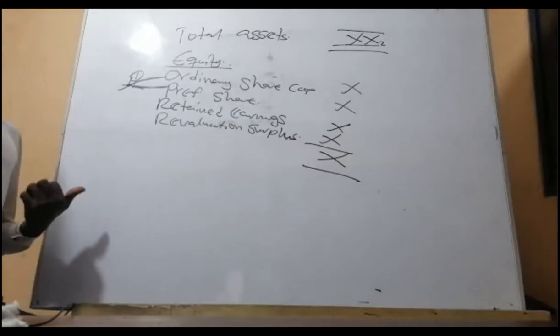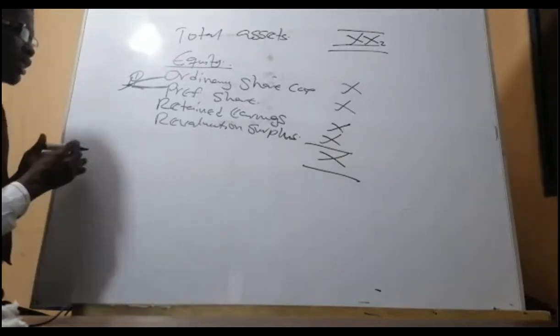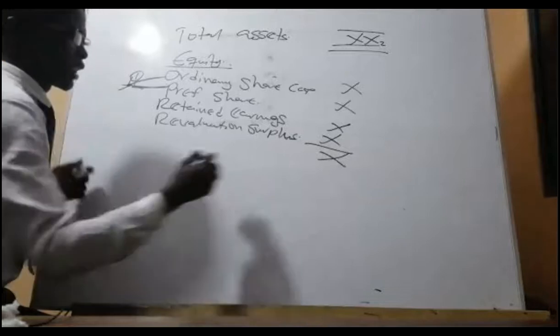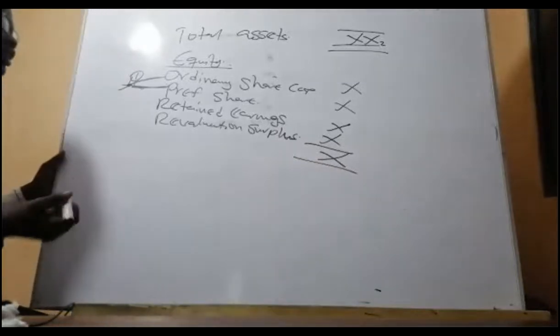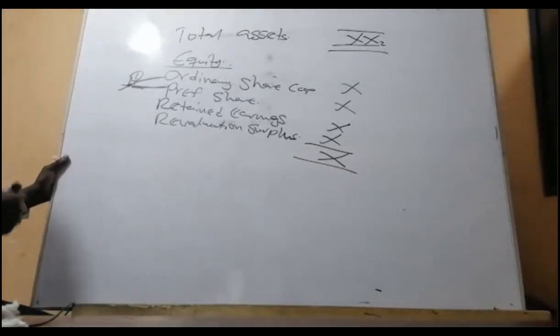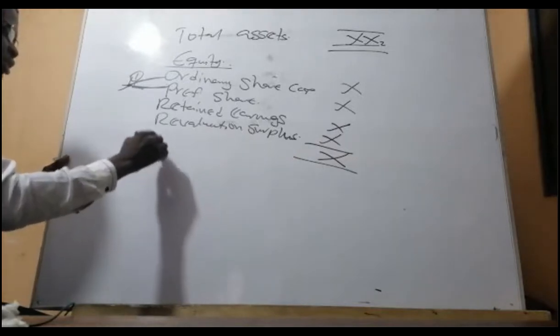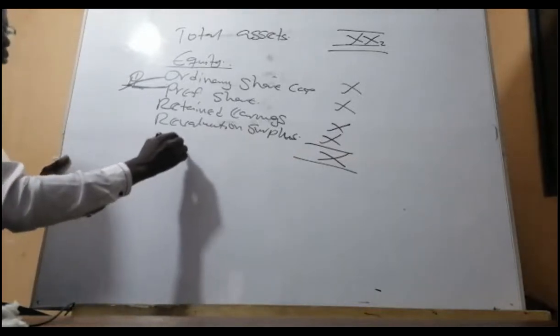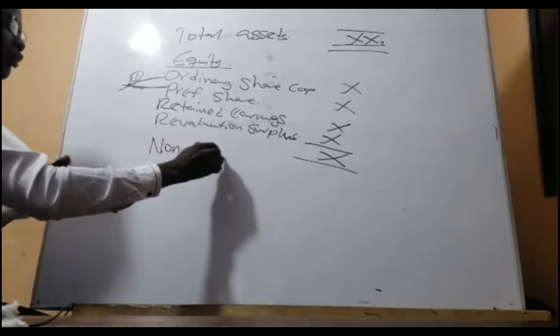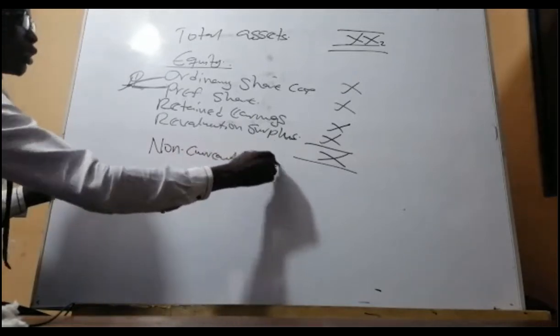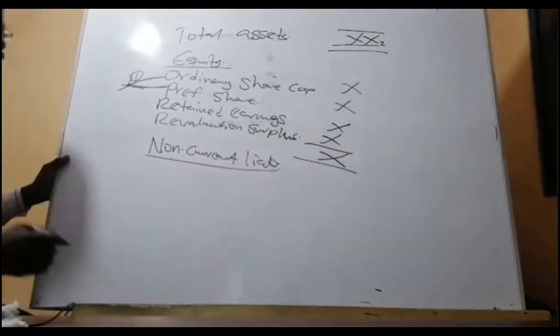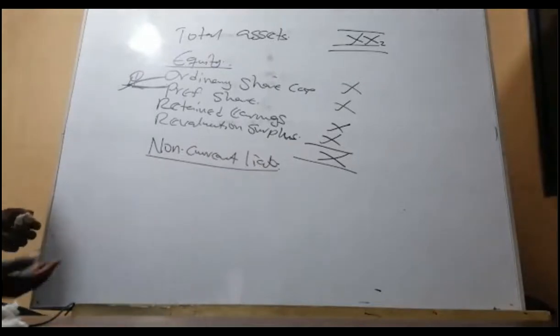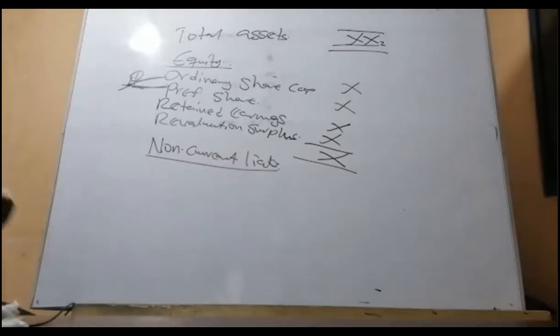Then you come back. Tell the examiner that now you are on the obligation section. So tell the examiner that you are on the liabilities. So you write non-current liability. So that one is to list all the non-current liabilities. We talk about what? Loan, right?